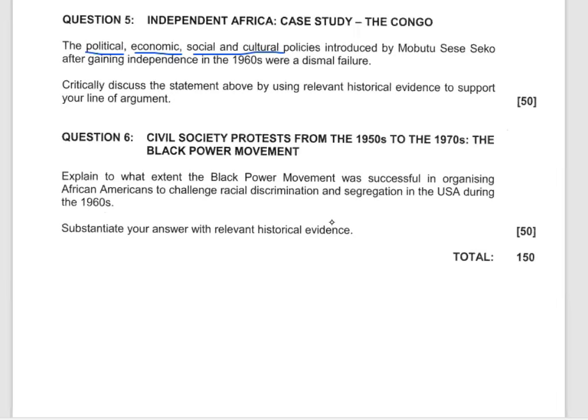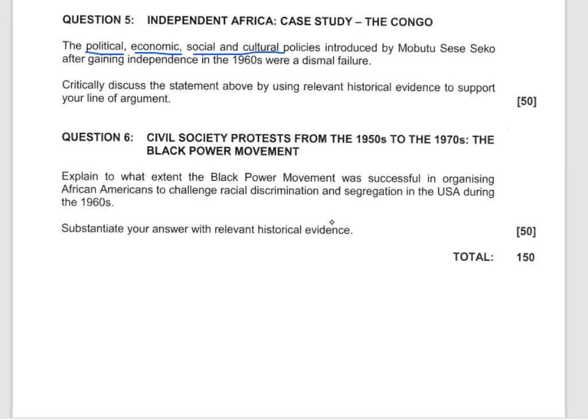We know that Mobutu, whatever attempt he tried to introduce under his rule, did not succeed in terms of political uplifting the lives of people, or economically uplifting the lives of people, or socially. So the fact that it was a dismal failure, we must approve that statement. The easiest way of approving a statement is to repeat it. So we can say those policies by Mobutu proved to be a dismal failure under his rule.